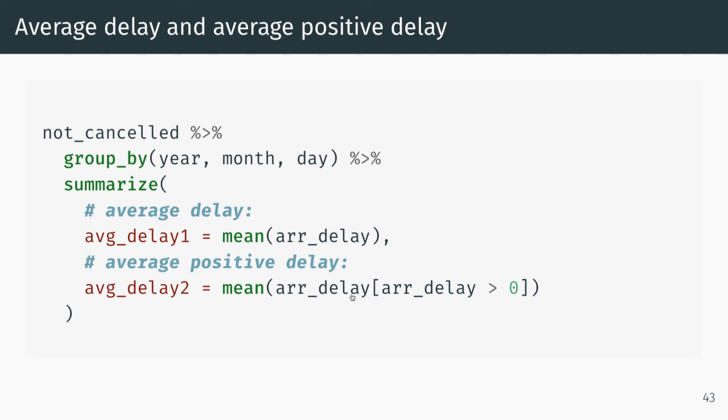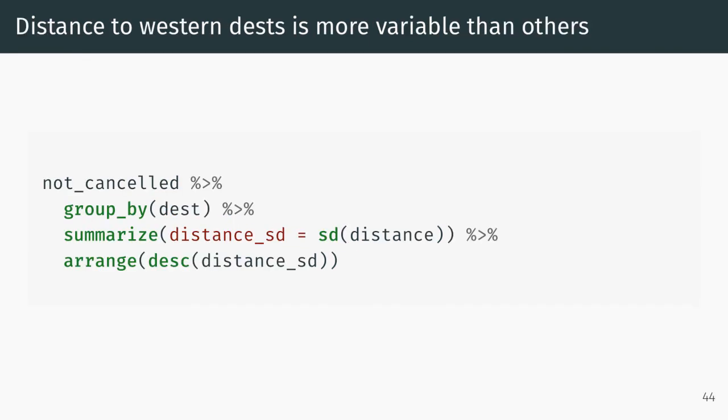So this is average delay when the delay is greater than 0. Arrival delay can be negative. Distance to western destinations is more variable than others. And by others, we mean mostly East Coast destinations.